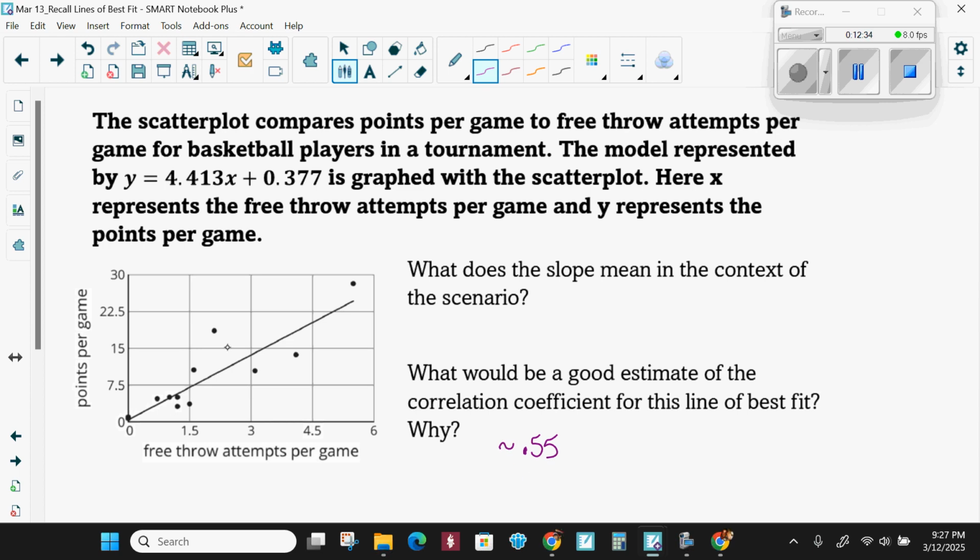It's not real clustered, but not a terribly weak value because most of those are really close to the line. You can't really go wrong unless you go completely to 1 or 0, or into the negatives, because it is going up, so it needs to be positive. It's not a great association, but it's not too terribly scattered.